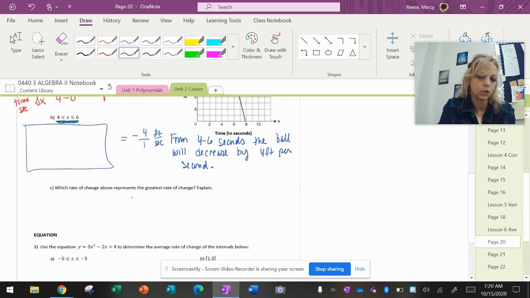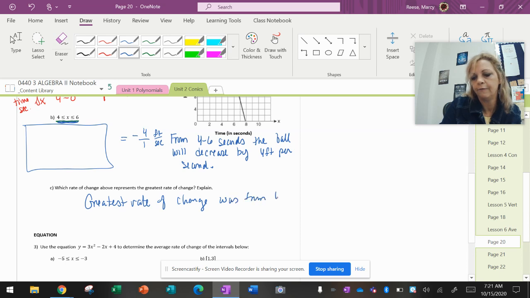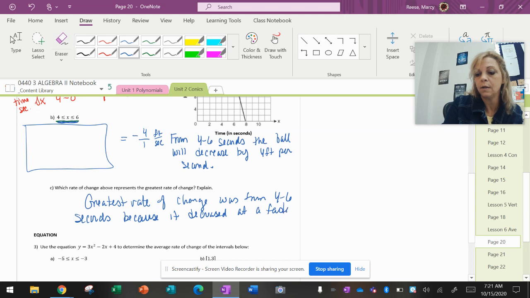So when we answer this question, we're going to say the greatest rate of change was from 4 to 6 seconds because it decreased at a faster rate of 4 feet per second than increased at 0 to 4 seconds.